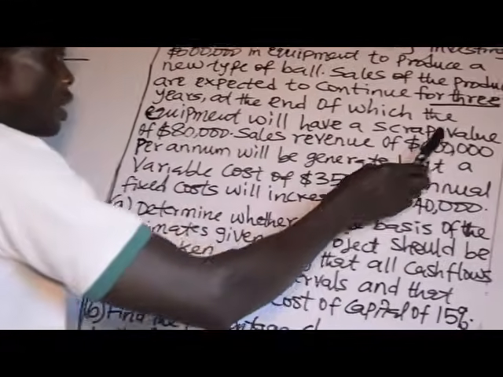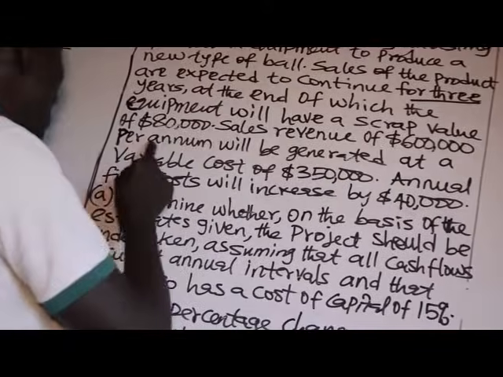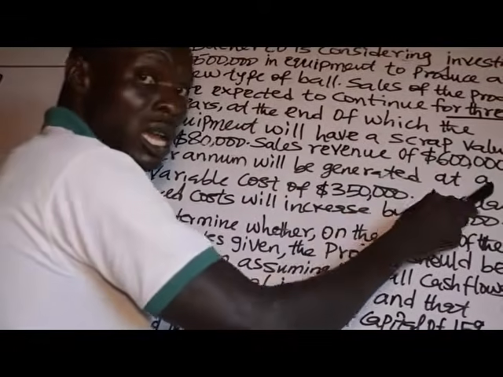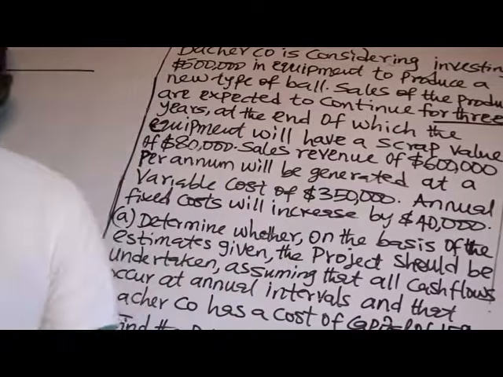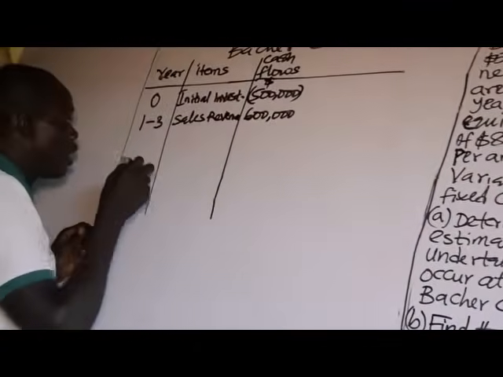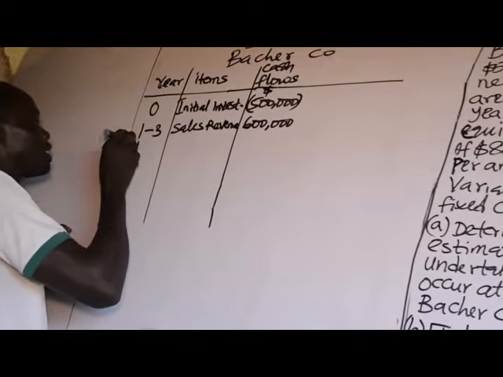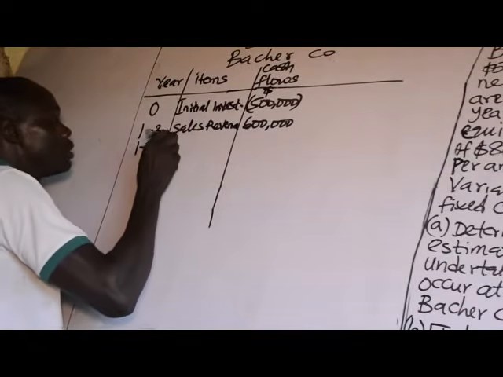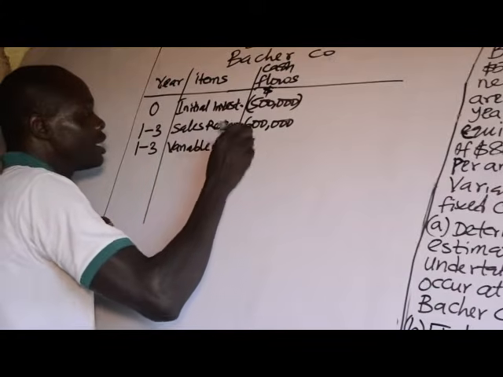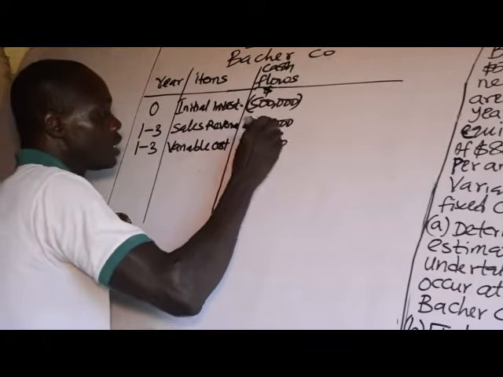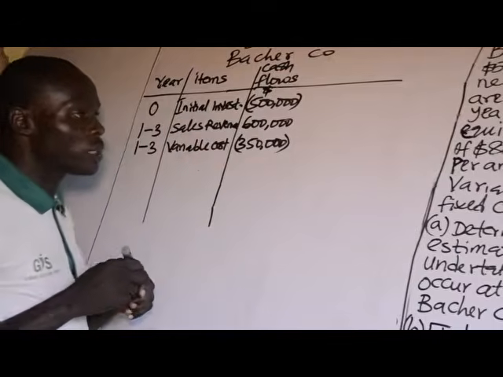Sales revenue of $600,000 per annum will be generated at a variable cost of 350,000. The 350,000 is the variable cost. That is an outflow in year 1 to 3. We have variable cost of 350,000 outflows. Back to the question.